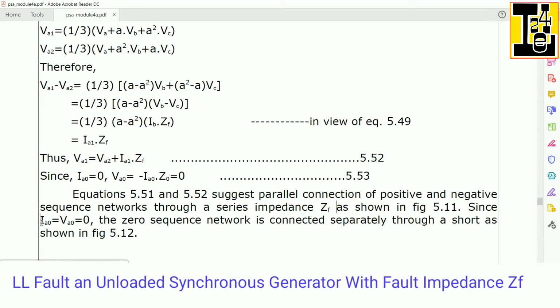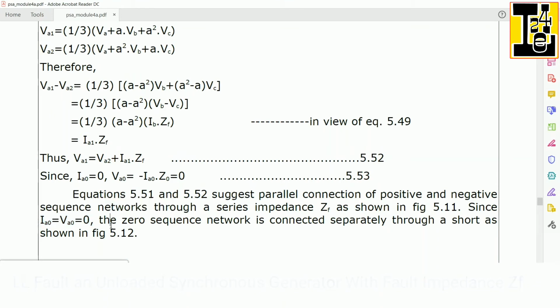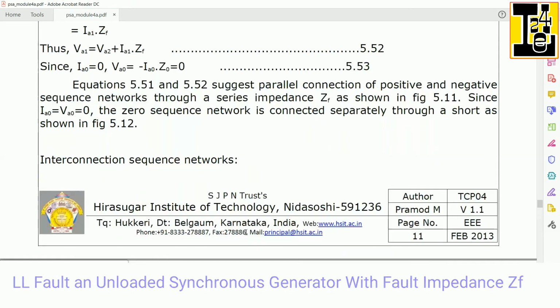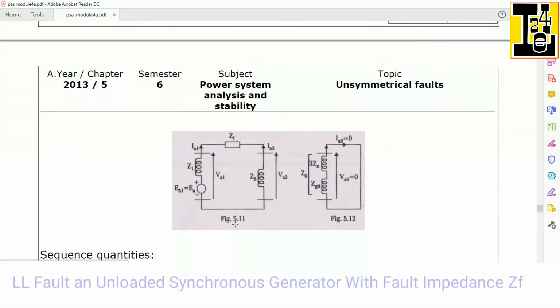As VA0 and IA0 are equal to 0, the zero sequence network is connected separately through a short circuit. So this is the interconnection of the sequence networks which is suggested by the symmetrical component relations. You can observe here ZF is connected in between the positive sequence network and the negative sequence network.